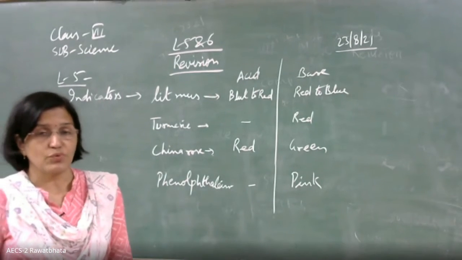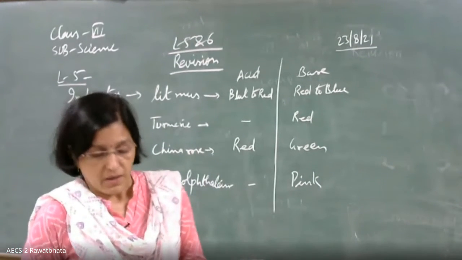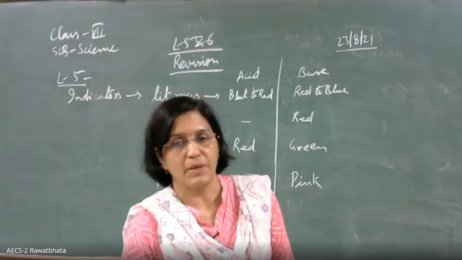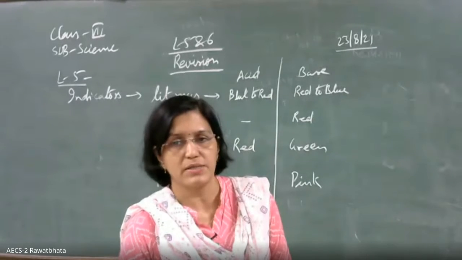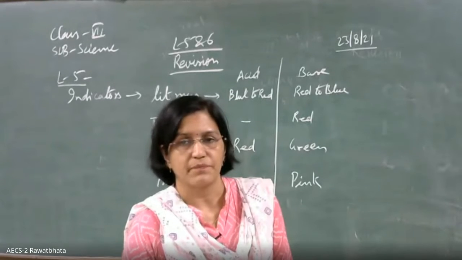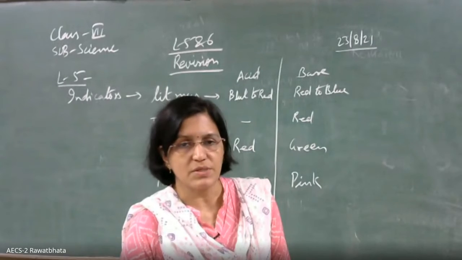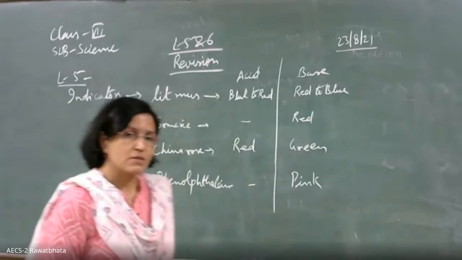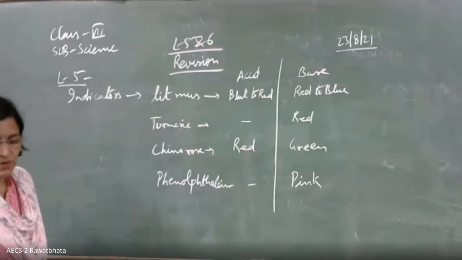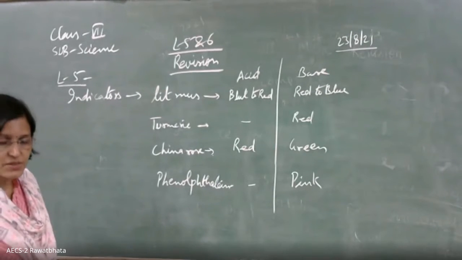I am going to give you four names. Keep your hands down first, let me put up the question and then raise your hands. Good. Very good. Now in all the cases I am giving you certain names, and you are supposed to tell me about their color changes.